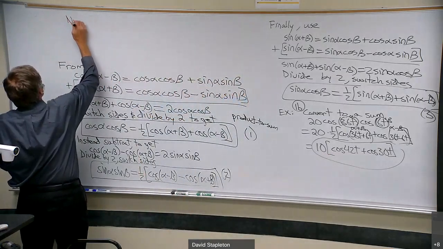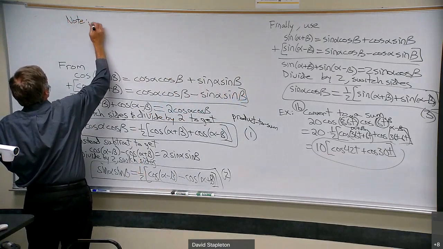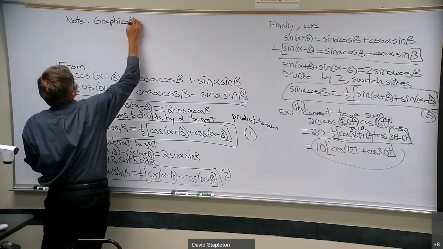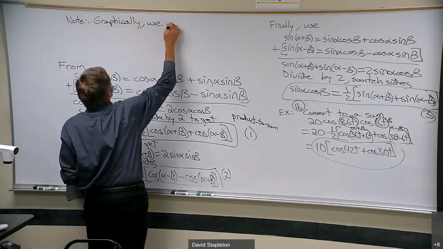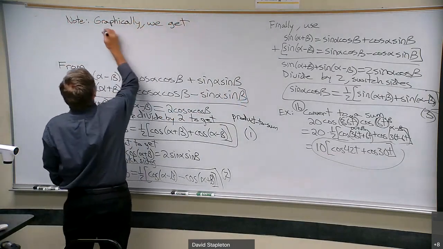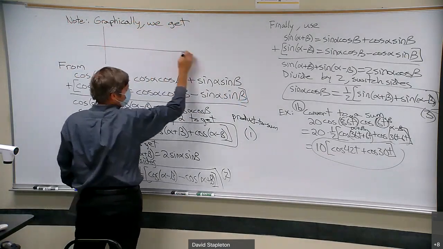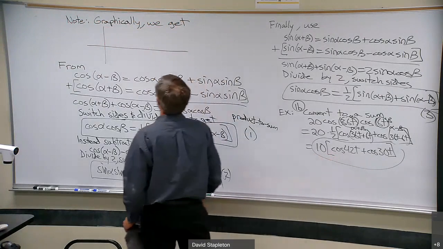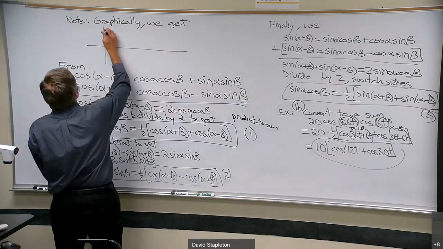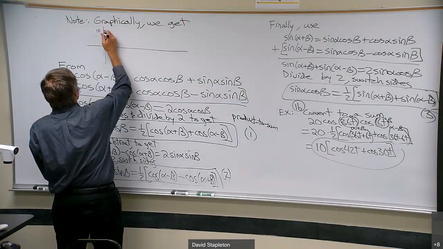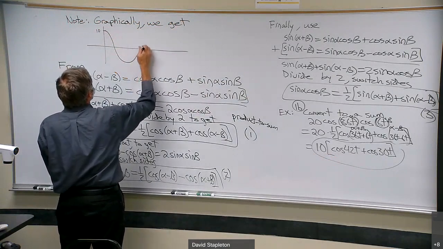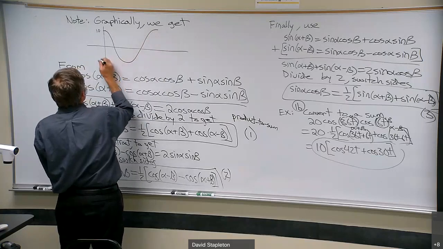So note, this is not in the homework, but graphically, we can kind of imagine in our head the result we get. Suppose we were to plot 10 cosine 42t. Well, we know cosine starts at its maximum amplitude, so it starts at 10. And it goes down to minus 10.